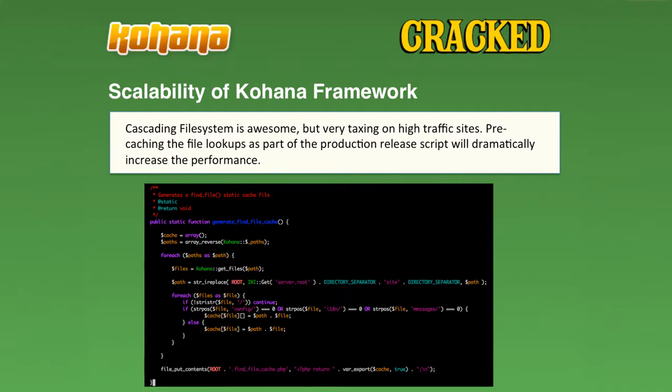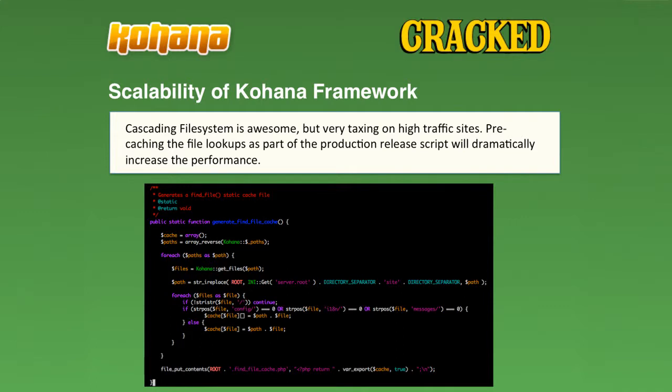Scalability of the Kohana framework. All right, here's the interesting part. One of the things about the cascading file system is that it's really awesome, but it's very taxing on high traffic sites. If you think about it, it has to scan levels of folders in order to find the right file to load your class, right? Now, in production, you can immediately think, oh, that's an I/O bottleneck. It's going to keep doing all these lookups on my file system.